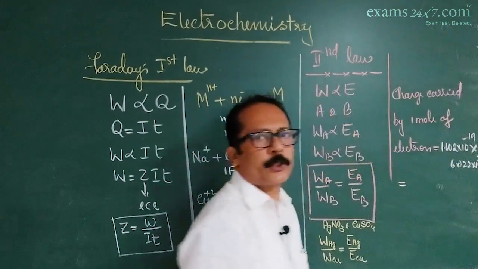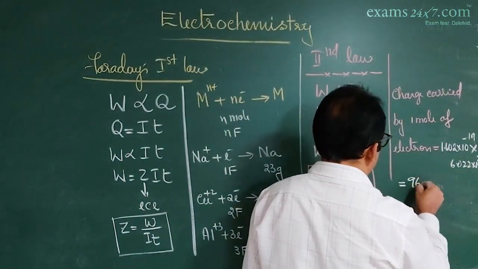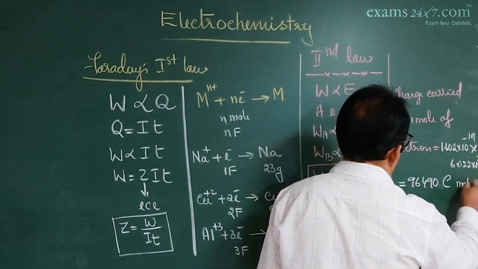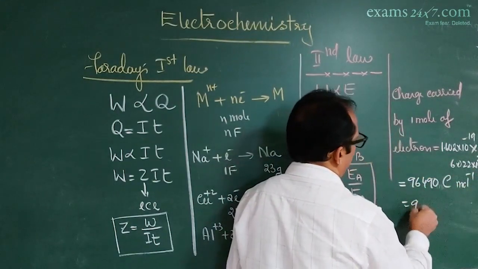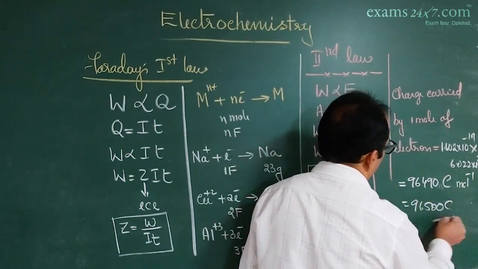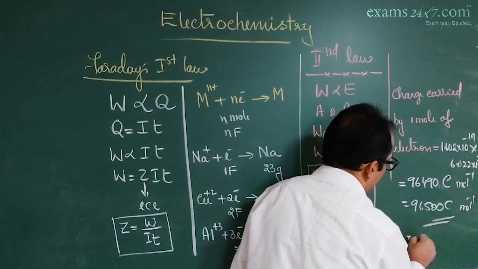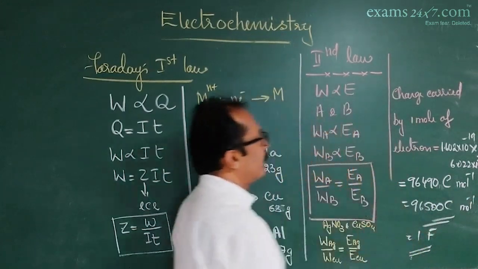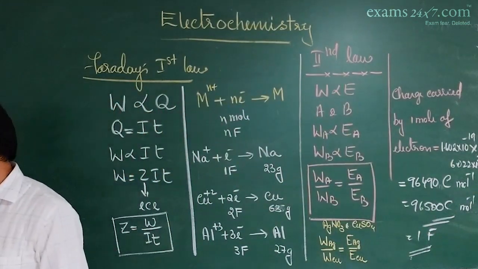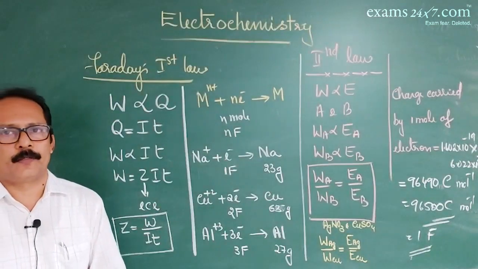This equals 96,490 coulombs per mole, or we can take it as 96,500 coulombs per mole, which is nothing but 1 Faraday. This is about the charge carried by 1 mole of electrons.